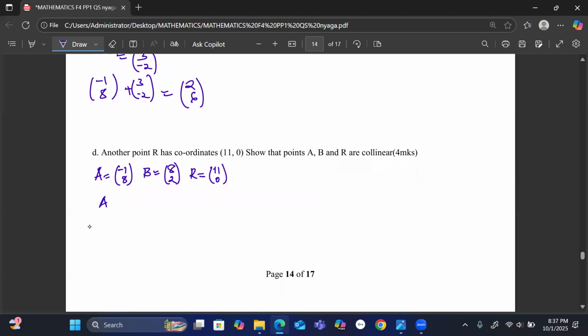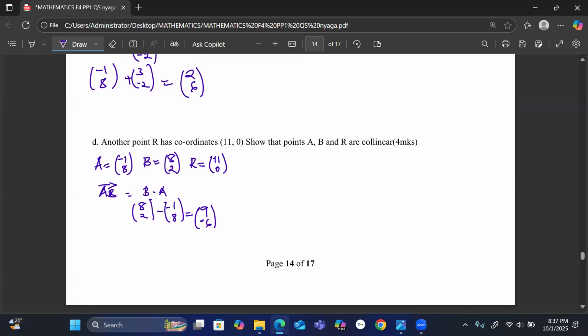Now, vector AB will be equal to B minus A, which was (8, 2) minus (-1, 8), and we got our answer as (9, -6), our very first answer. Now, we look for vector BR.